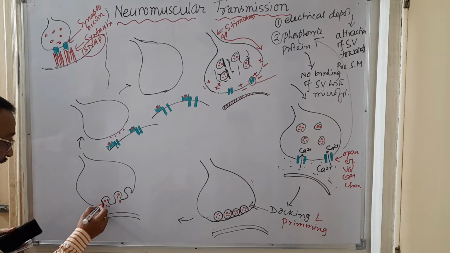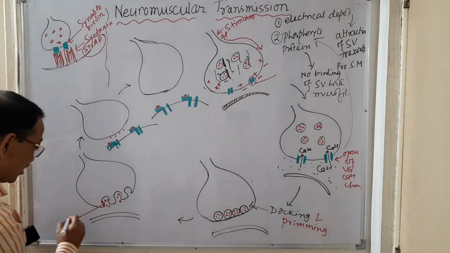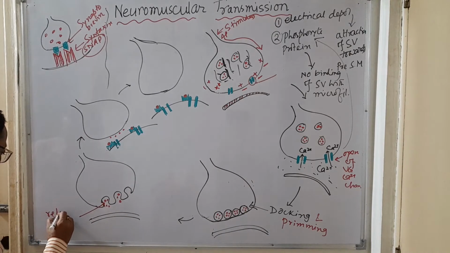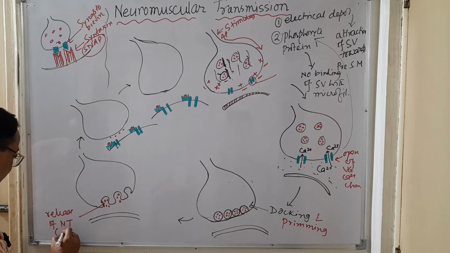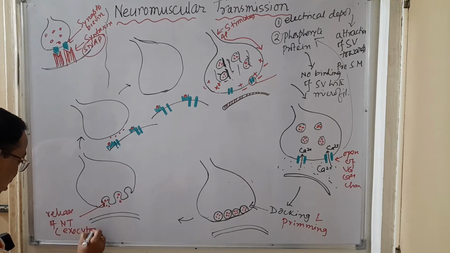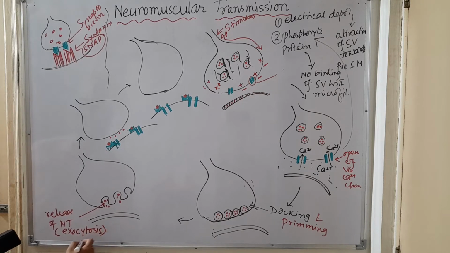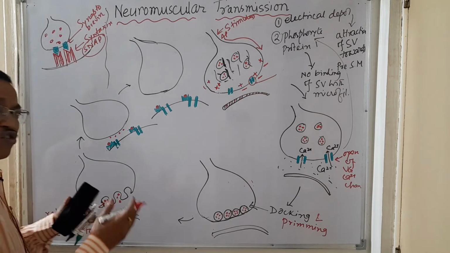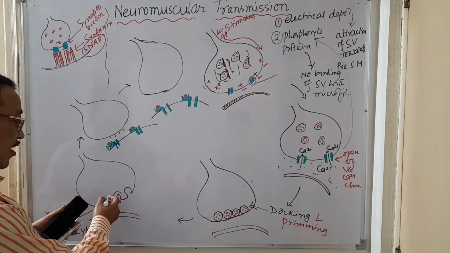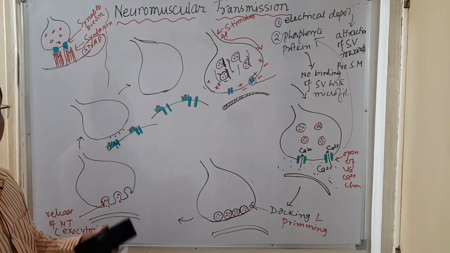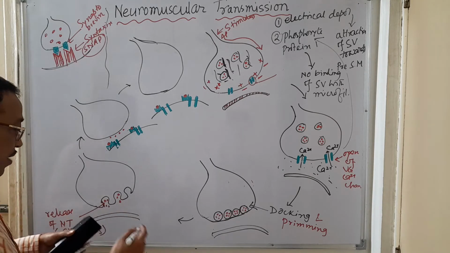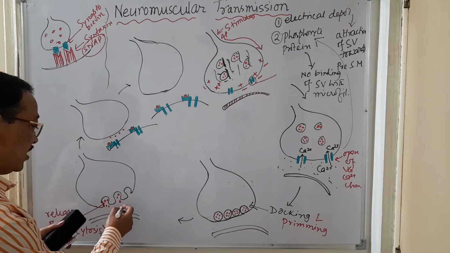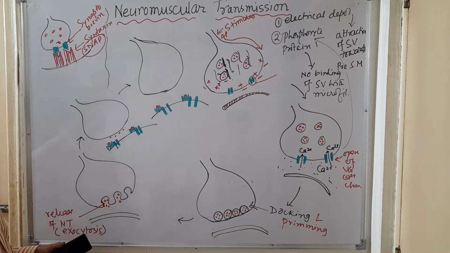That means there is a release of the neurotransmitters, and this is the process which is known as exocytosis. So by the process of exocytosis, fusion of the synaptic vesicular membrane takes place with the presynaptic membrane, and thereby neurotransmitters are released in the extracellular fluid.